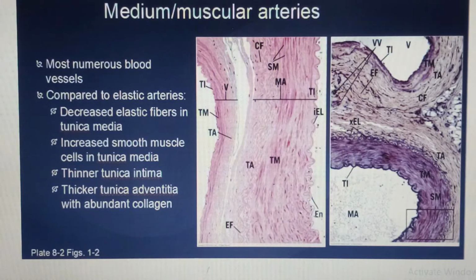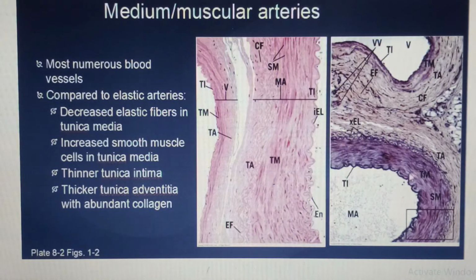They will also have collapsed lumen, because they don't have a lot of smooth muscle with elastic fibers to keep their lumen patent, unlike in the case of arteries. So you can see the internal elastic lamina over there, quite distinguished, and the external elastic lamina is also there, not as clear compared to the internal elastic lamina.